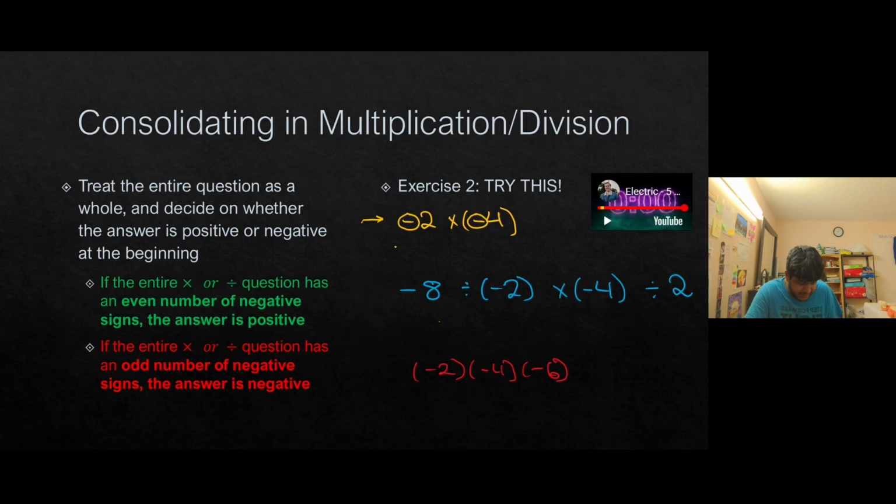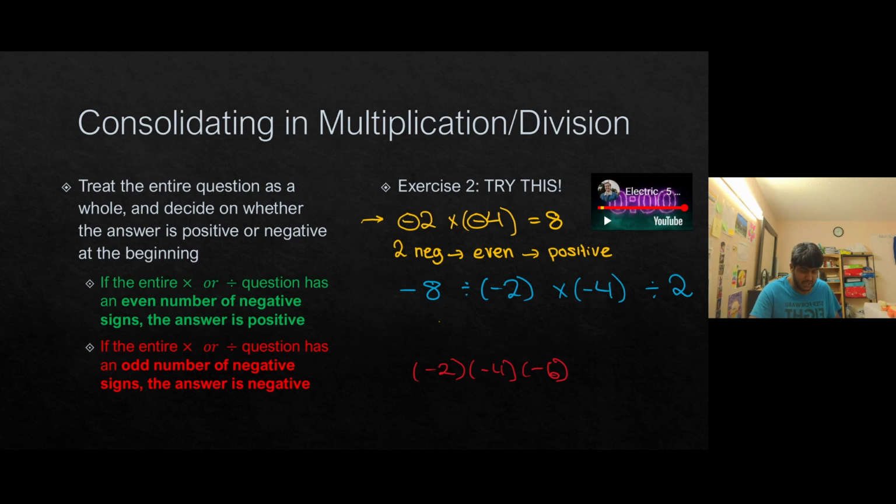This is two negatives, which is even. And what that means is that our answer is going to be positive. Right? And of course, 2 times 4 is equal to 8, so we go ahead and write that as our final answer. Easy peasy.